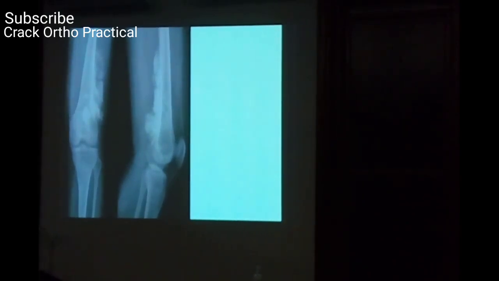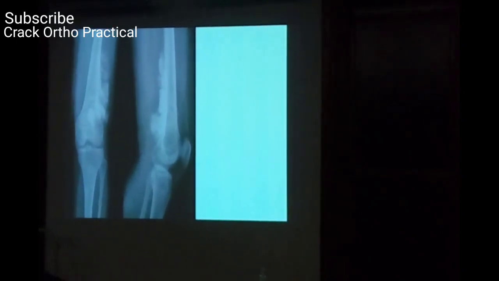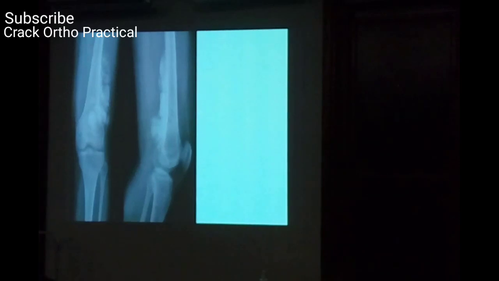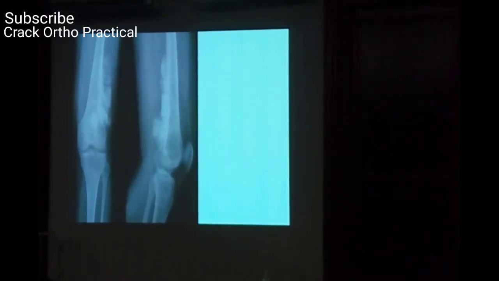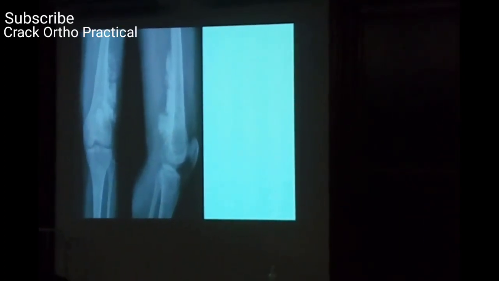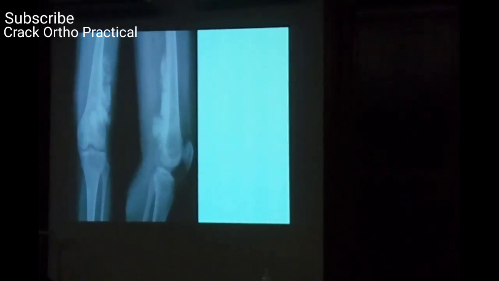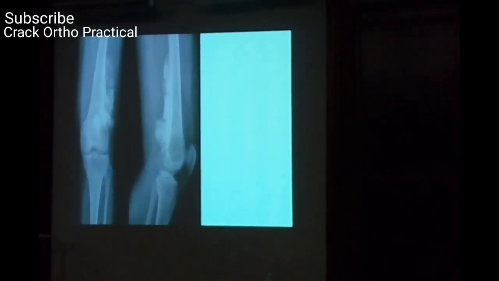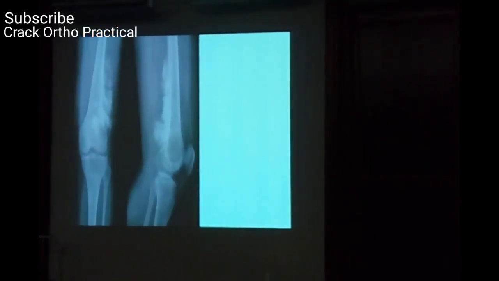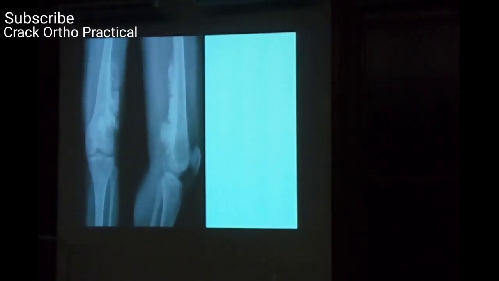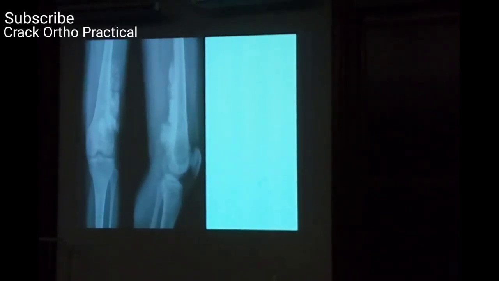Sunburst appearance of osteosarcoma. Parosteal, periosteal. What is the difference between periosteal and parosteal? Periosteal is something along the periosteum. Parosteal is beyond the periosteum, mainly in the soft tissue. So this is a parosteal osteogenic sarcoma.